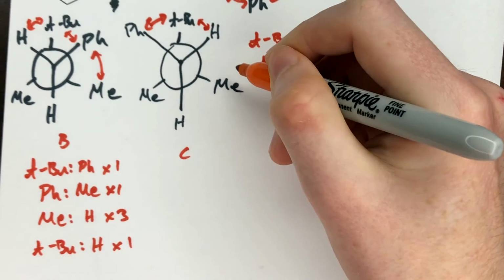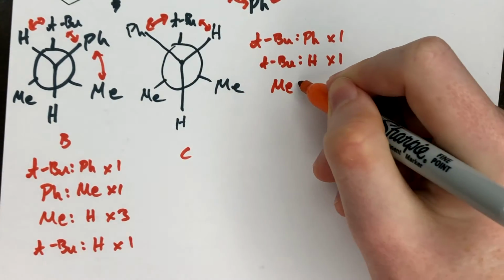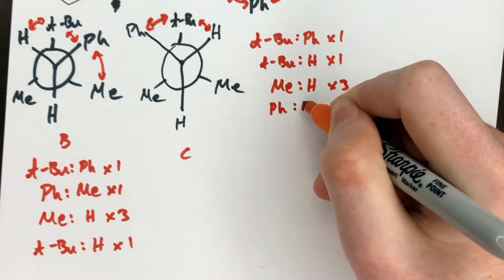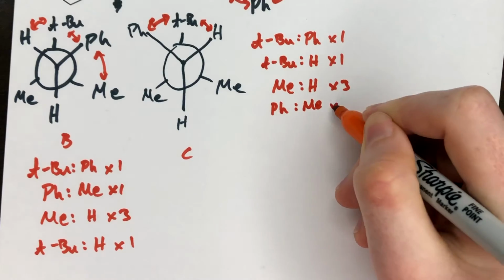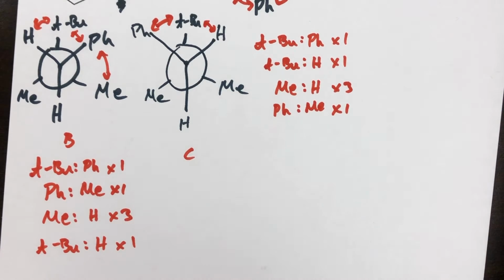And then we have 3 methyl hydrogens, again, 1, 2, 3. And then a phenyl methyl. And now you notice, just like in the previous question, these conformations happen to be the same in energy because they have the exact same types of interactions.